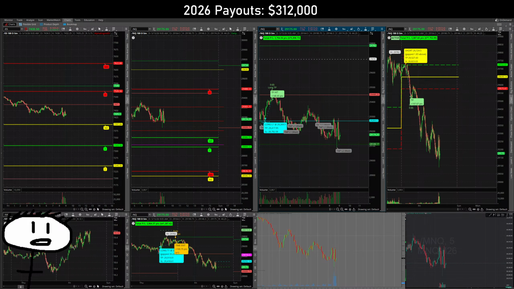But I don't know if I should be spreading myself out this much across 4 or 5 different models, or should I just hyper focus on 2 models? And I really hate it when one model is telling me to go long and one model is telling me to go short.